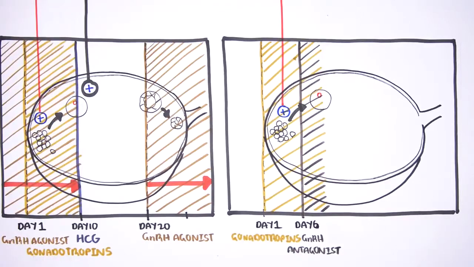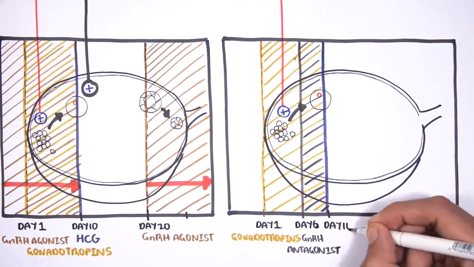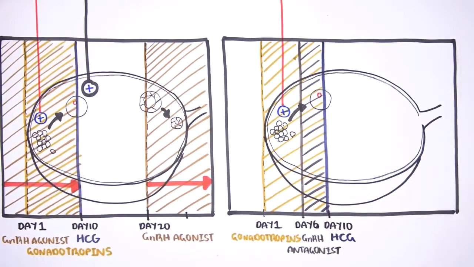When ultrasound monitoring indicates that the eggs are mature, human chorionic gonadotropin is injected to induce final follicle development and ovulation at about day 10. The ova, or eggs, are then collected about 36 to 38 hours after the human chorionic gonadotropin injection.